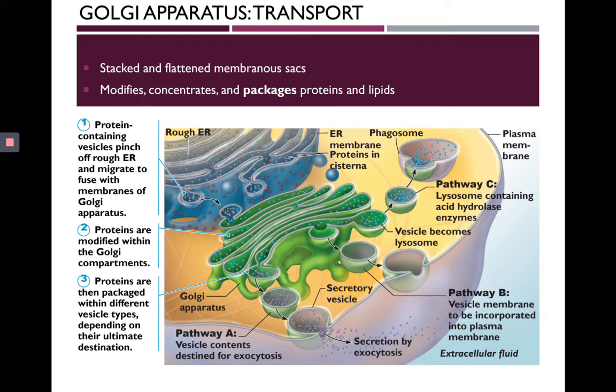All right, next let's look at the Golgi apparatus. It's great for transport, so I like to call it the post office of the cell. So it would actually take these budding vesicles that are filled with proteins from the rough ER.